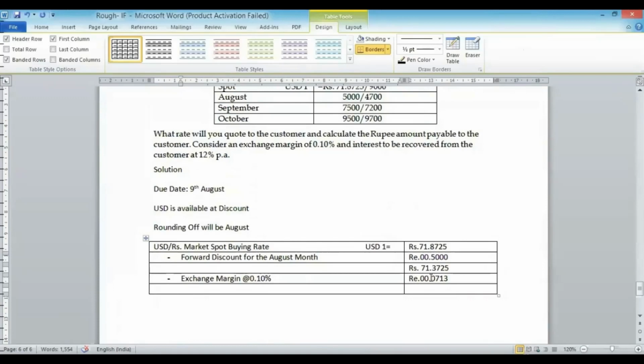Right. And whatever we get is bill buying rate for USD, and that will be rupees. Let me calculate. So 71.3011.